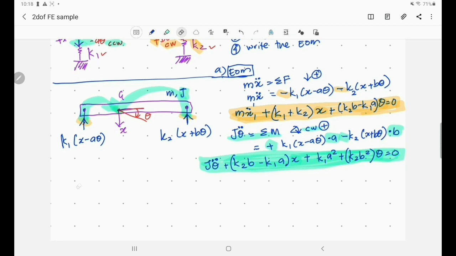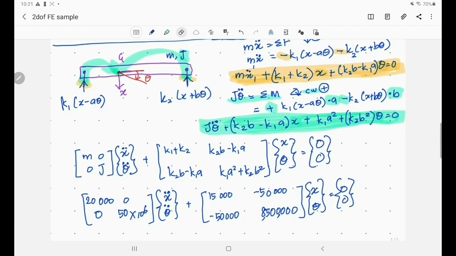When we write in terms of matrices, it's easy. You just get all the coefficients together. In this case, you have your x double dot and theta double dot, and also your x and theta. If you rearrange in terms of matrix, you just collect all the terms.